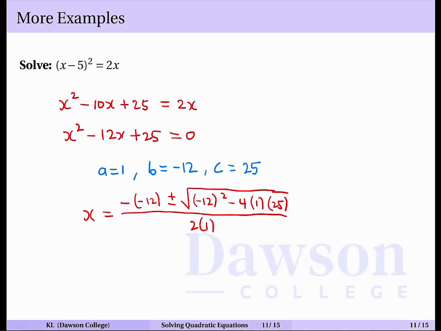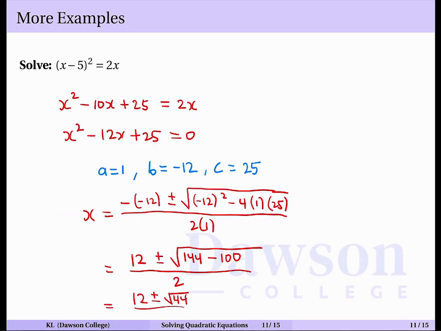And then negative 12, that's positive 12, plus or minus square root of negative 12 squared, that's 144. 4 times 25, that's 100, so minus 100, all over 2. 144 minus 100, that's 44. So 12 plus or minus square root of 44 over 2.